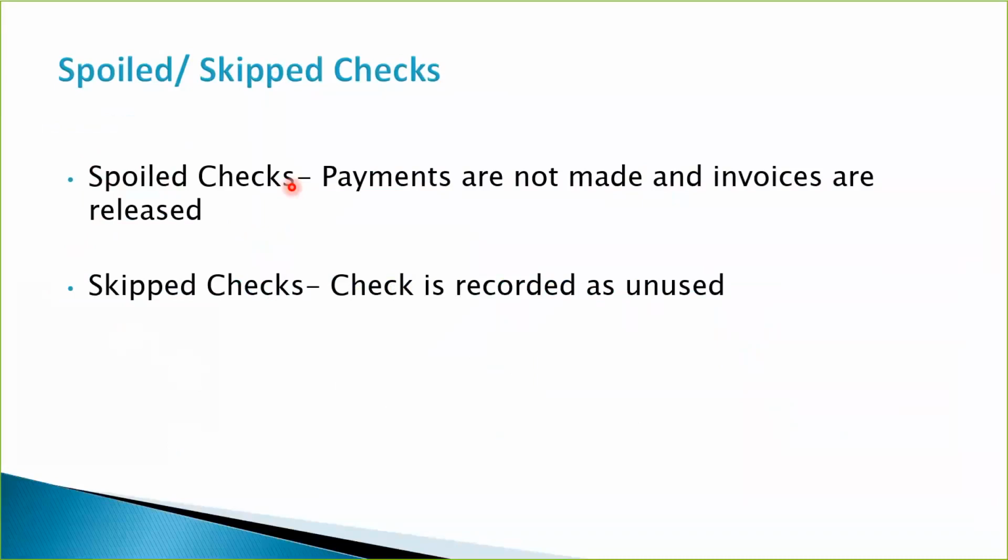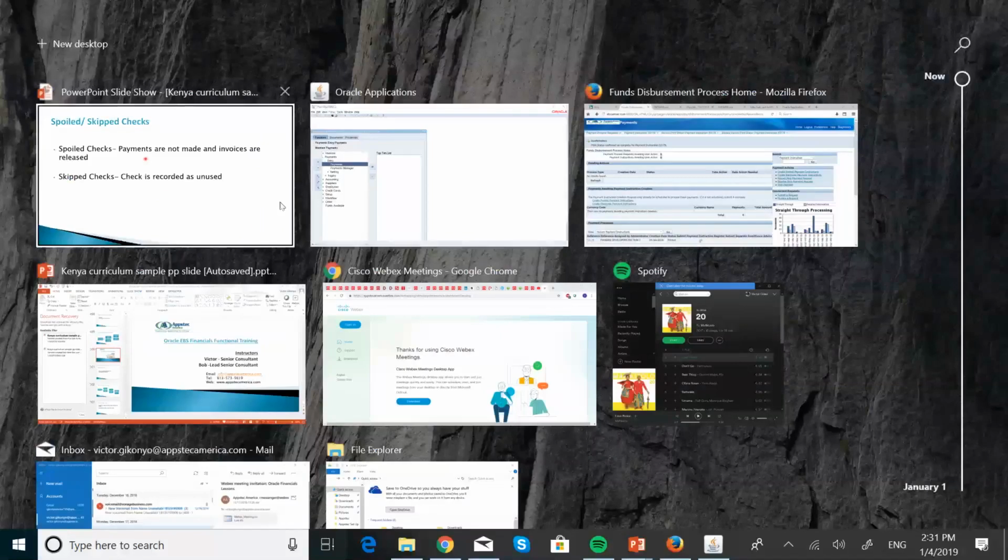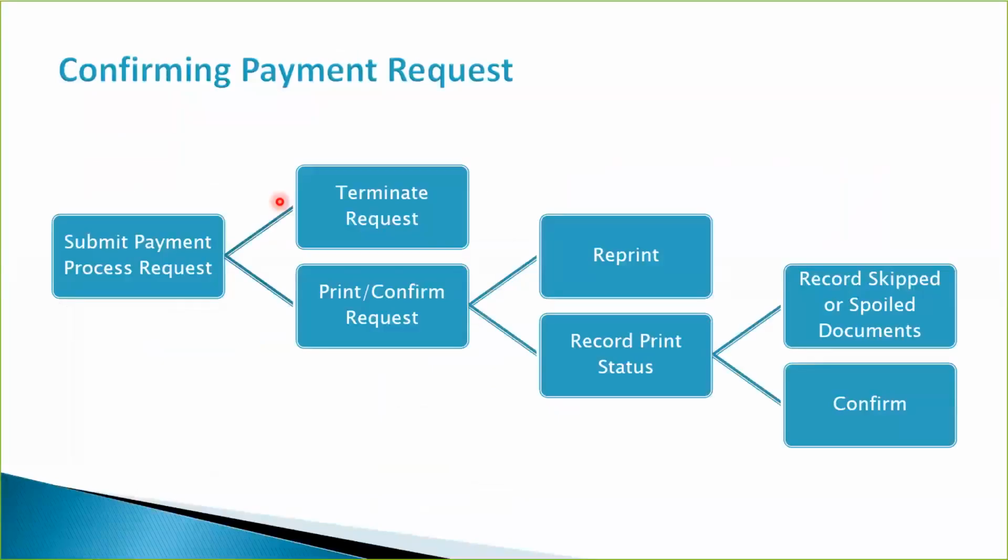And what that does is that when you complete the payment process, when you confirm it, because we said, once you record this, then you can go ahead and complete the process. So you record this and then you confirm.